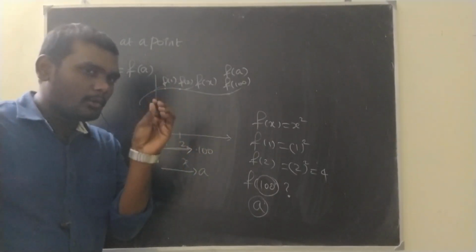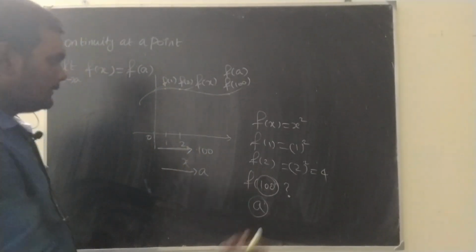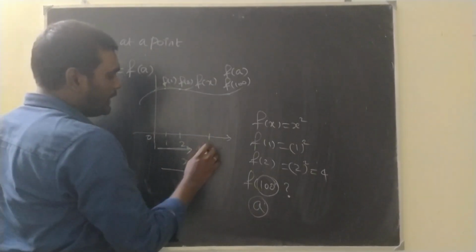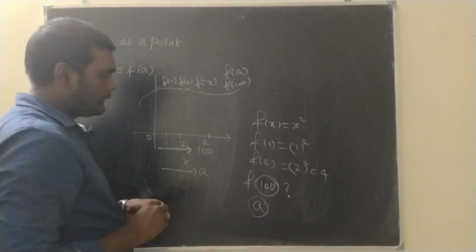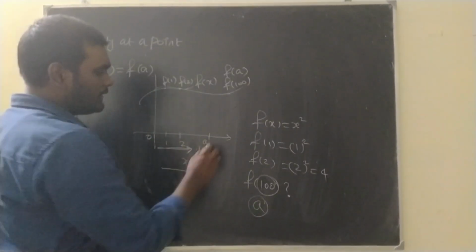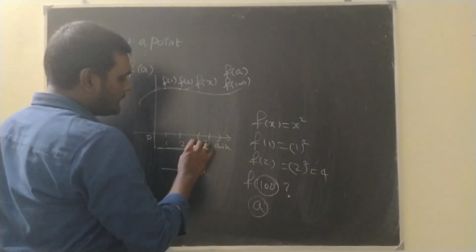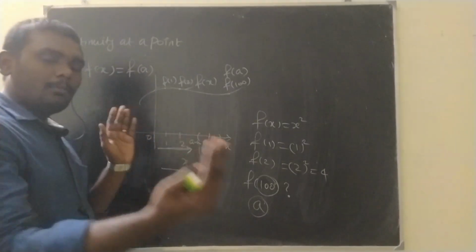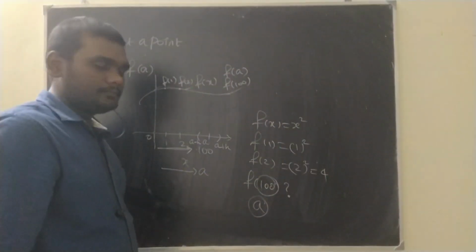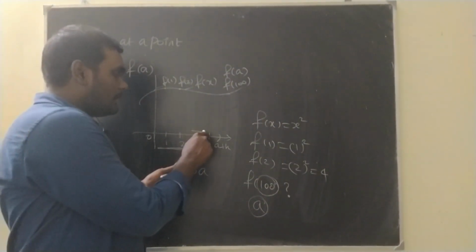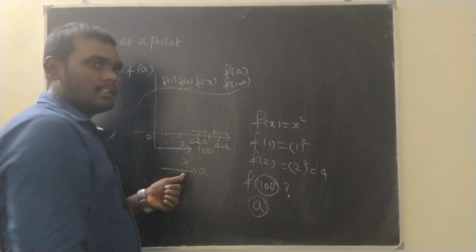Very near, very close to A. If a point A is there, very near means we will define a neighborhood, A plus h. From both sides we are approaching A. From here we are approaching A. From here we are approaching A.